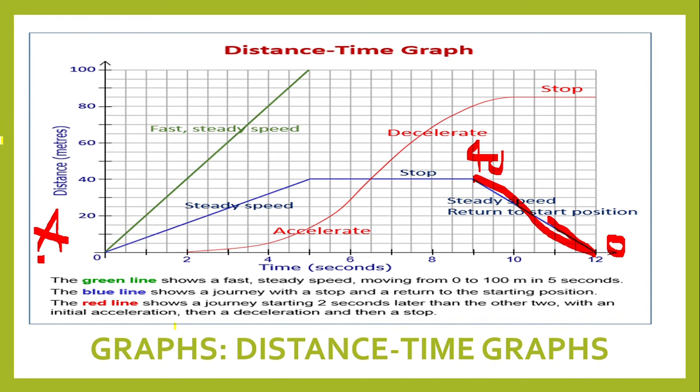Initially, on the red line, I see that from 0 to 2 there is no distance covered. I cannot see any line over here, which means that it is at stop, not moving. At 2 seconds, however, there is a line, and it's very flat and plateau-like.